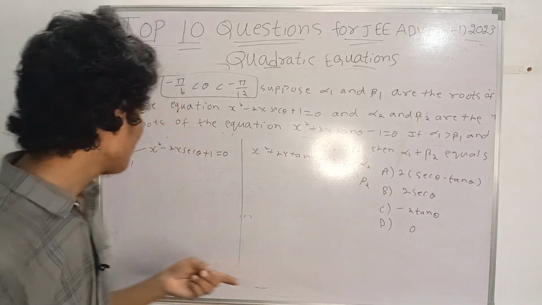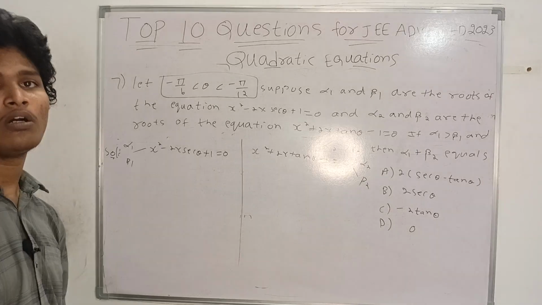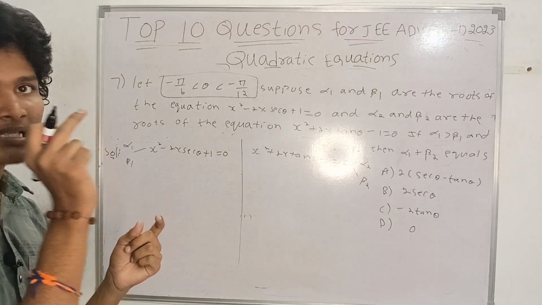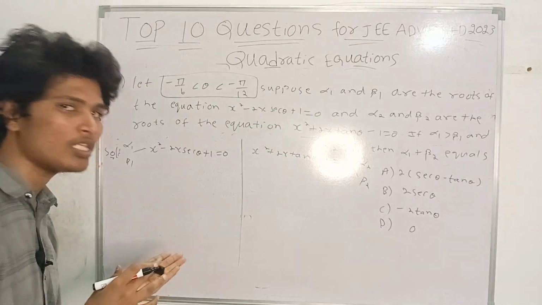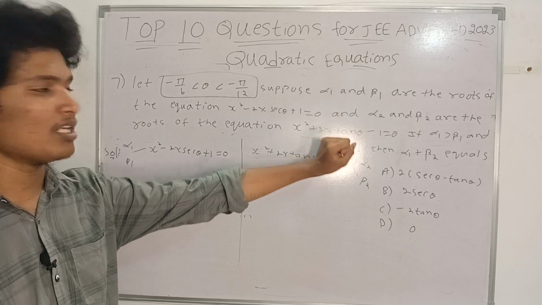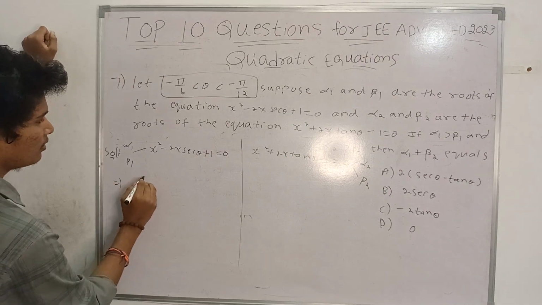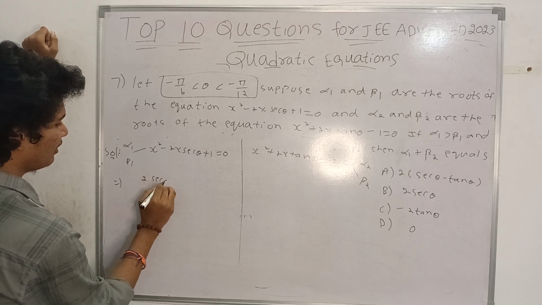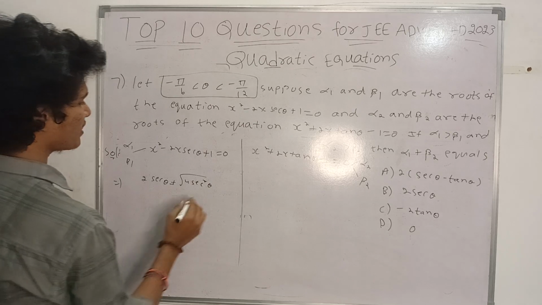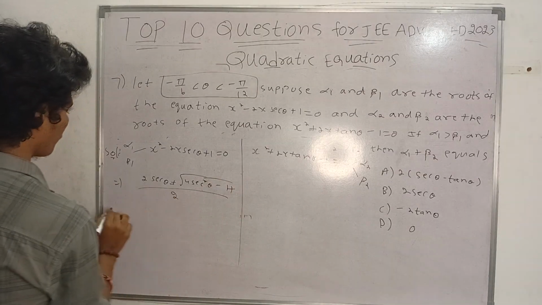What does it imply? This is a quadratic equation, and when we apply minus b plus or minus root of b square minus 4ac divided by 2a, we got plus or minus in the middle. So one root can be positive, one root can be negative. So they given alpha 1 is greater than beta 1. What can we easily find? Suppose I am writing like this: 2 sec theta plus or minus root of 4 secant square theta minus 4, divided by 2.